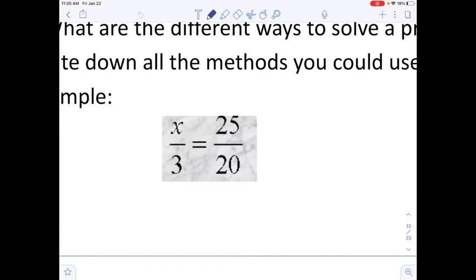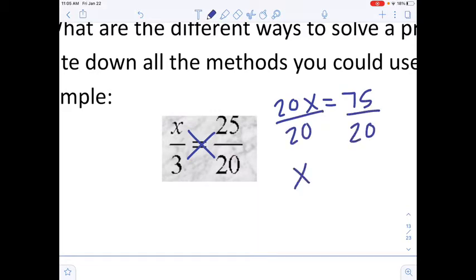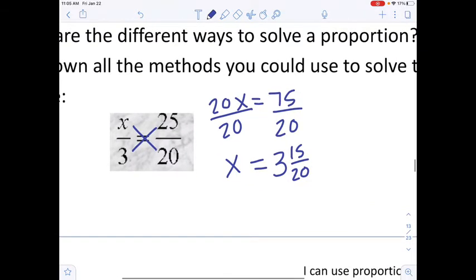We could use cross products. We could take x times 20 and set it equal to 3 times 25, which would be 20x equals 75. Divide both sides by 20, and we get x equals, and then 20 goes into 75 3 times, and that would be 15/20ths left over, which is equivalent to 3/4.